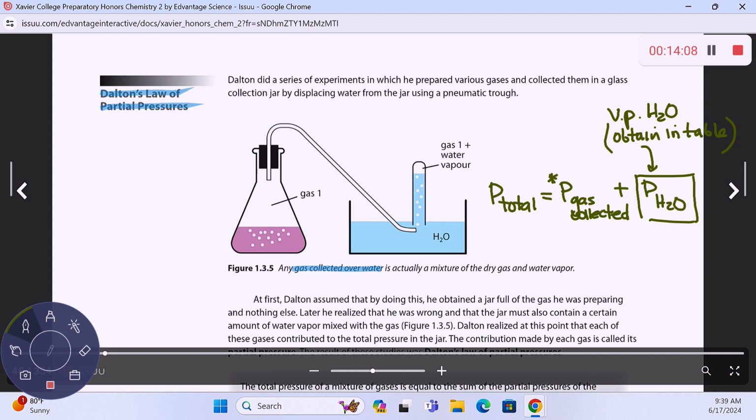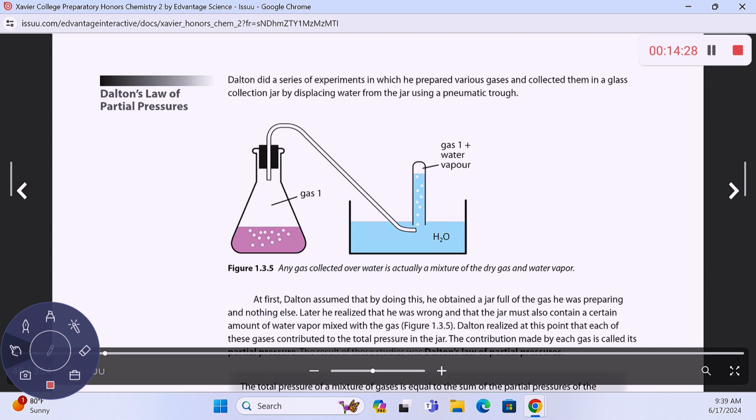And then another version of Dalton's law of partial pressures is at the bottom of this page. So let's say you have a sample of a bunch of different gases, and you want to calculate the total pressure. You would add together the individual pressures of those gases.